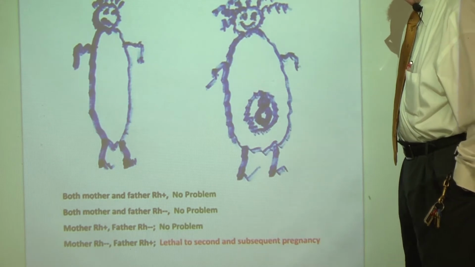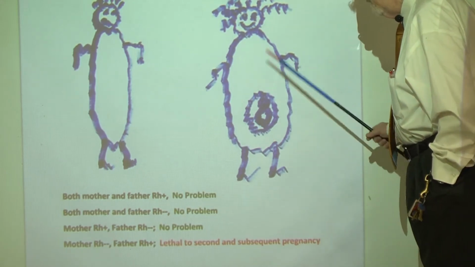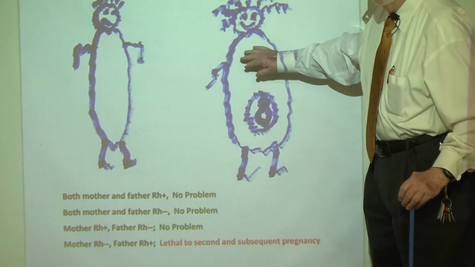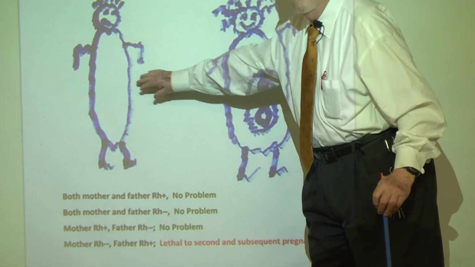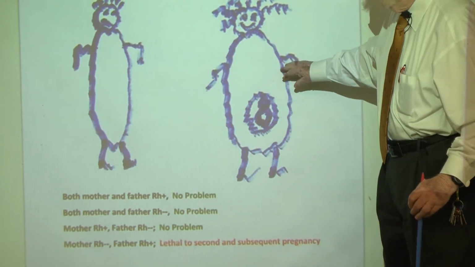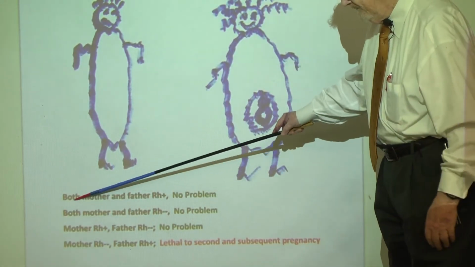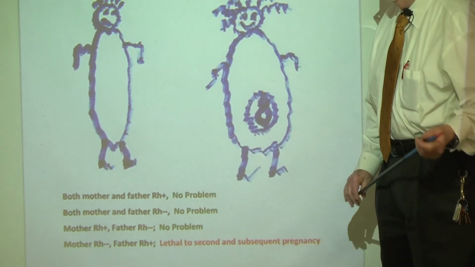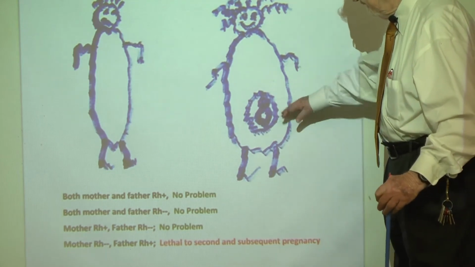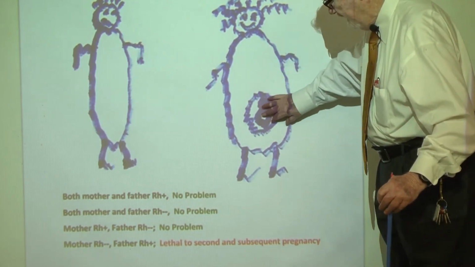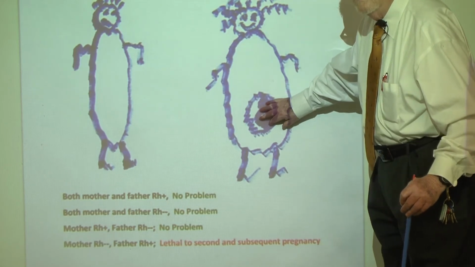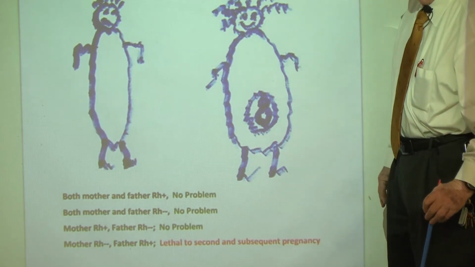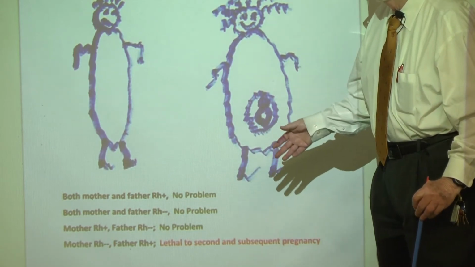All right, that's foreign protein right here. Now, if Mama is Rh positive also, just like Papa was, well, there's no problem. If both mother and father are Rh positive, then there is no way that Mama's blood will attack the blood cells inside the fetal body of little Molly Fred. It won't happen. There's nothing foreign there.